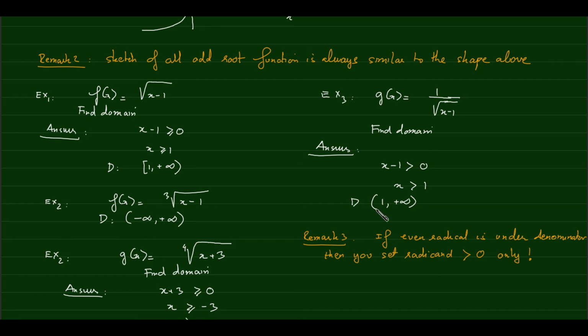So on the third remark, I'm going to put: if an even radical is under the denominator, then you have to set the radicand greater than 0 only.